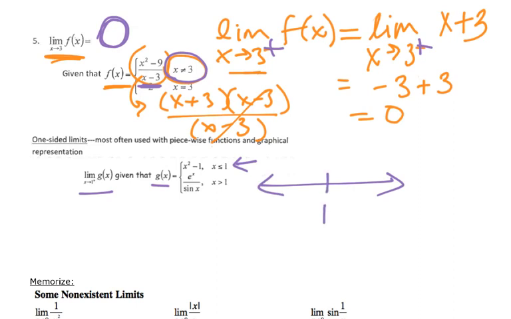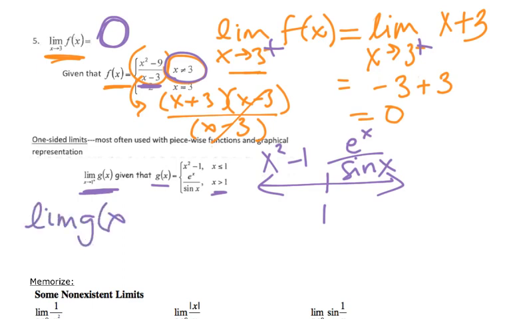If x equals 1 is here, to the left we're using x squared minus 1. To the right, we're using e to the x over sine of x. So we're looking for the limit as x approaches 1 from the right, so use e to the x. So this limit is equal to e to the 1 over sine of 1, and that would be the value of your limit.